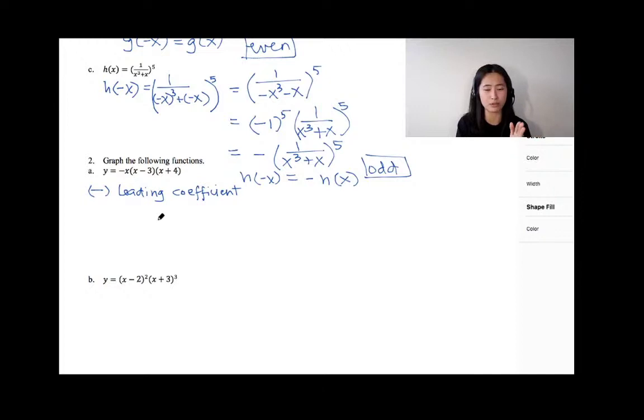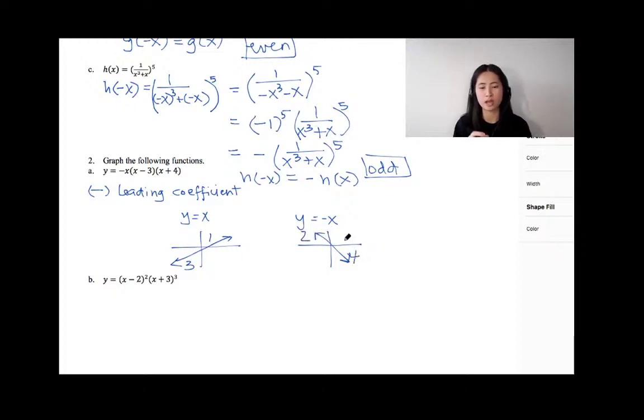So for example, if you're looking at a linear function, which is y is equal to x, versus y is equal to negative x. We know that if you're graphing y is equal to x, that means your line is passing quadrant 3, because this is quadrant 1, 2, 3, 4, versus something like y is equal to negative x, which is quadrant 2 and quadrant 4.